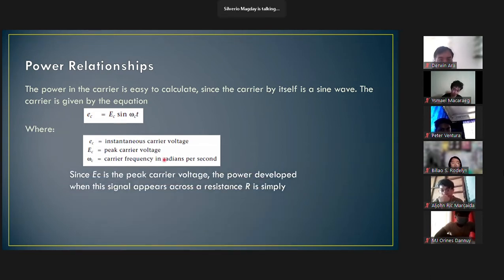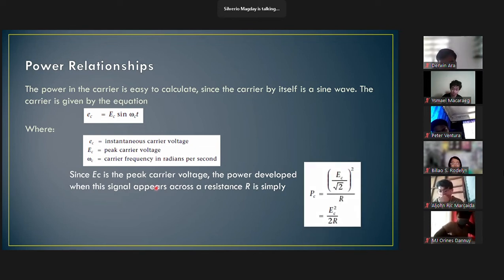This is the power developed when the signal appears across a resistance R. Given tayo ng resistance, syempre isipin mo na din paano natin i-measure, simply power of the carrier is Vc squared over 2R.